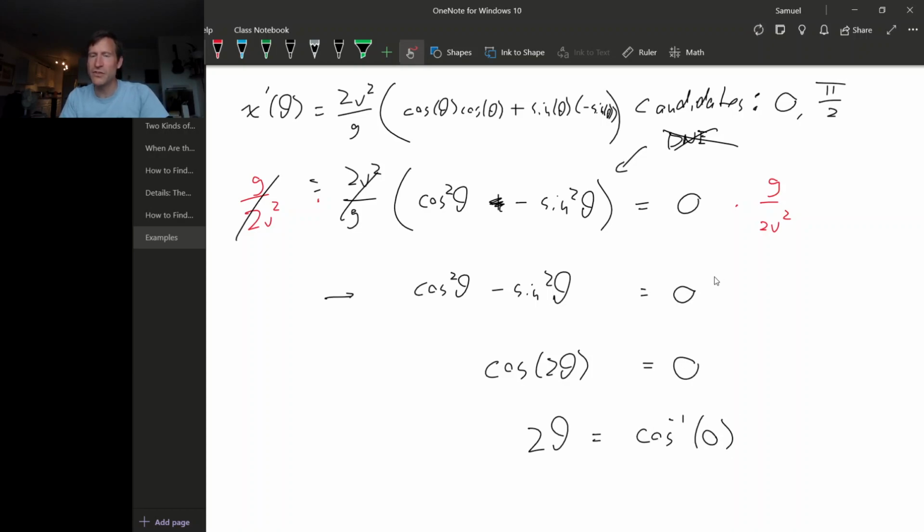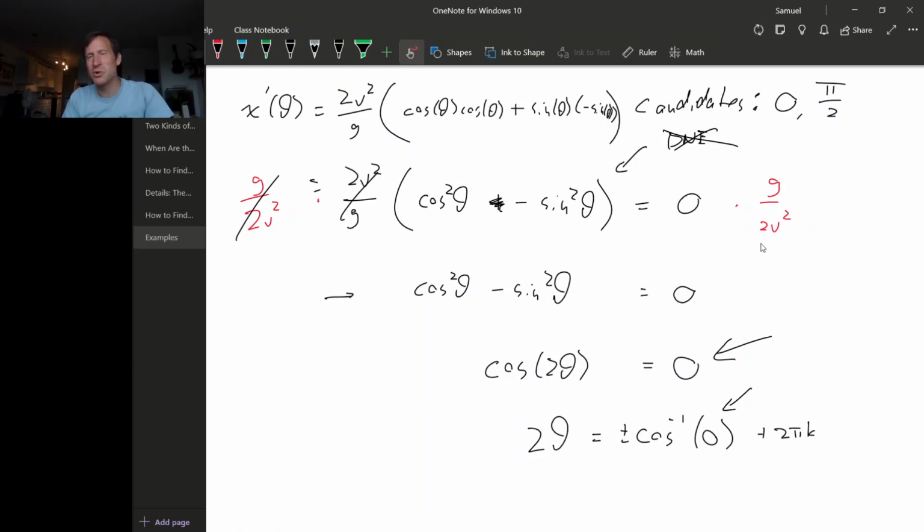Although we do have to be careful here, because remember that there are actually infinitely many solutions to this equation, cosine 2 theta equals 0. They're all plus or minus inverse cosine of 0 plus any multiple of 2 pi, so 2 pi k.